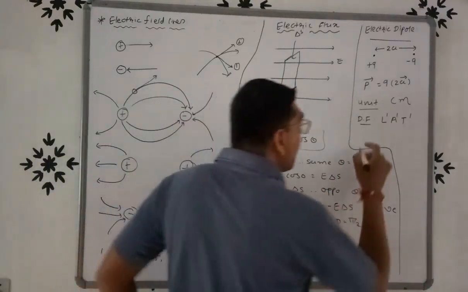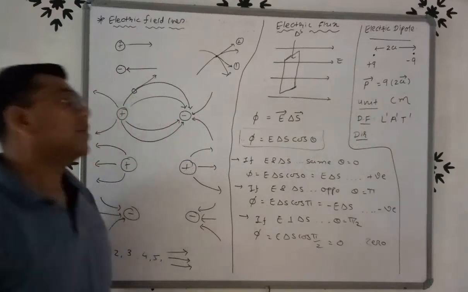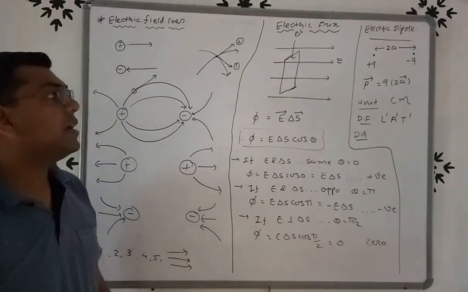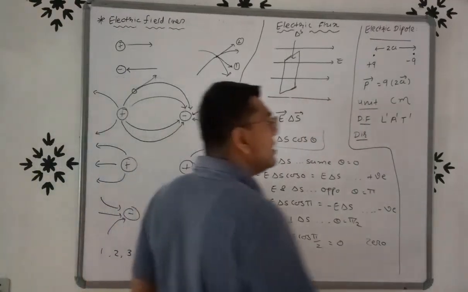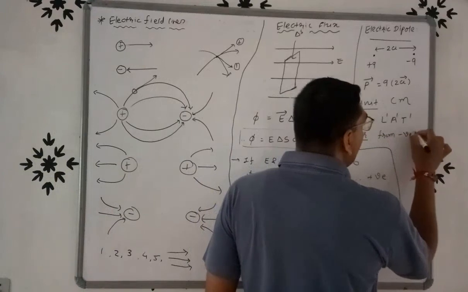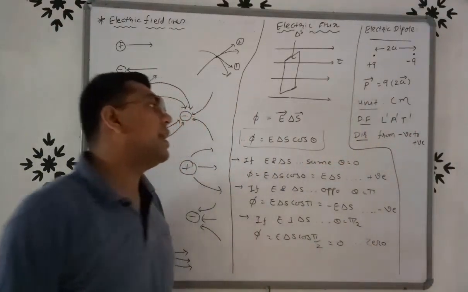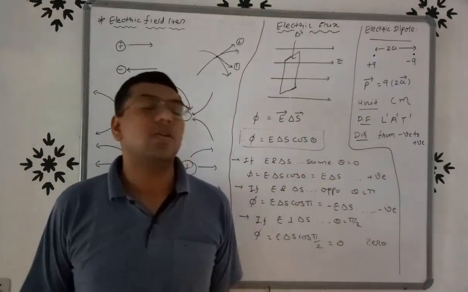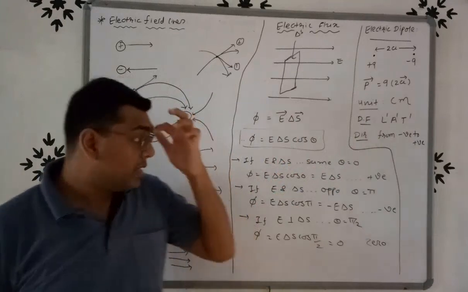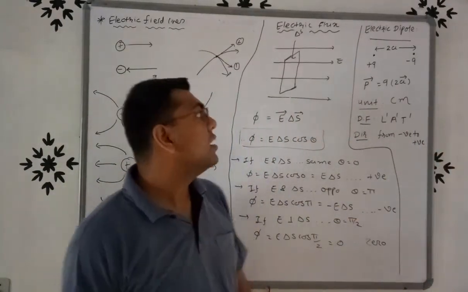Now, what is the direction? The direction of electric dipole moment is from negative charge to positive charge, right?